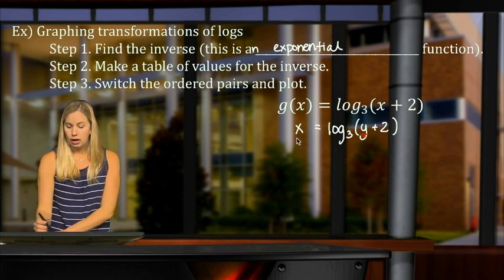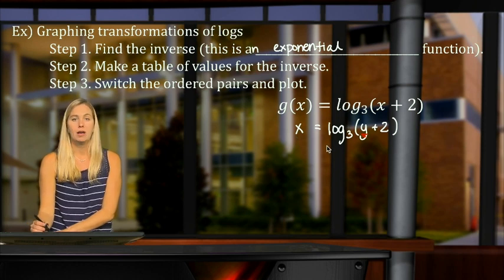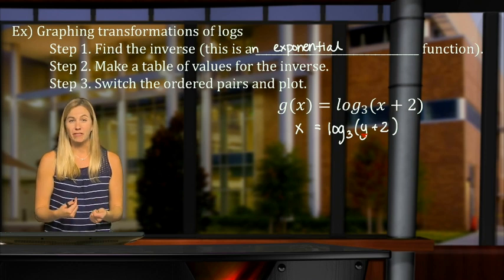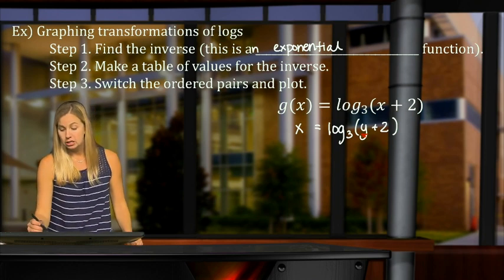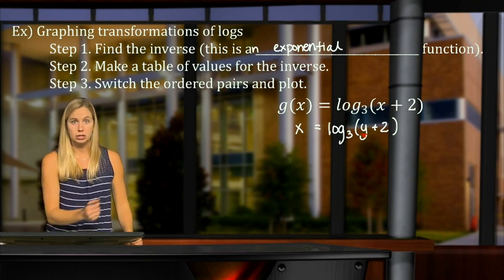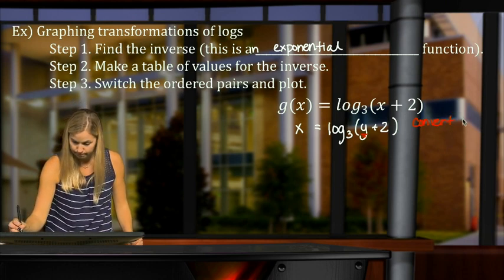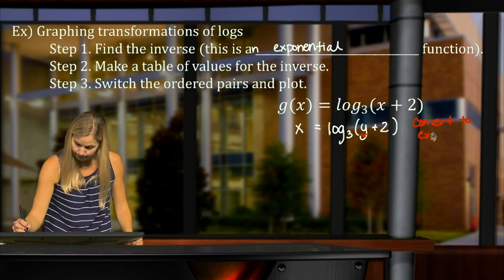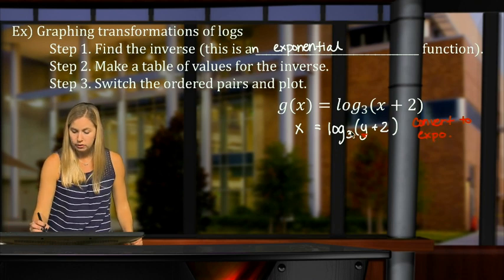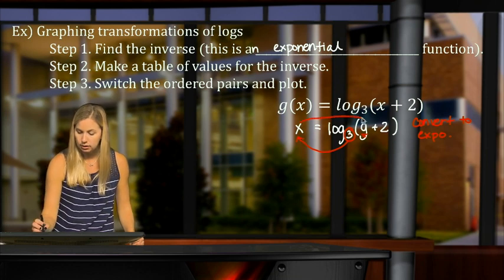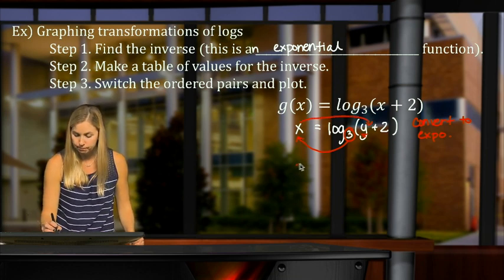From here, if I want to get rid of this logarithm, I want to convert to exponential. Again, that idea that the inverses undo each other: if I need to undo a logarithm, I'm going to have to use exponential. So this becomes 3 to the x equals y plus 2.